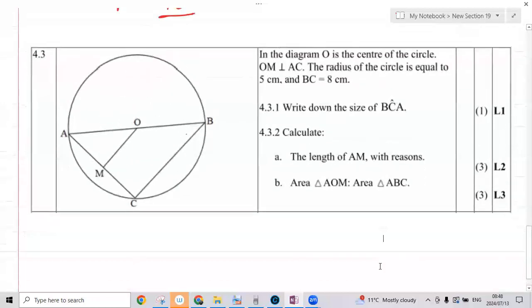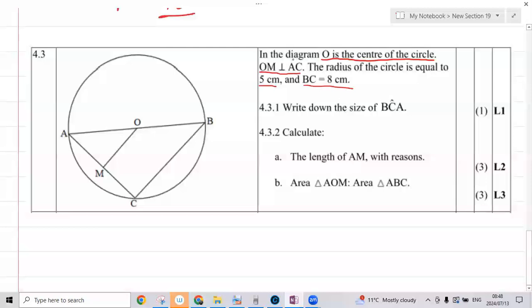Okay, let's have a look. So we have, in the diagram, O is the center of the circle. And it's important for us to take note of that. When the center of the circle is given, then it gives rise to things like angle in semicircle, radii, and so on and so forth. And they're telling us that OM is perpendicular to AC. The radius of the circle is equal to 5 centimeters, and BC is equal to 8 centimeters.